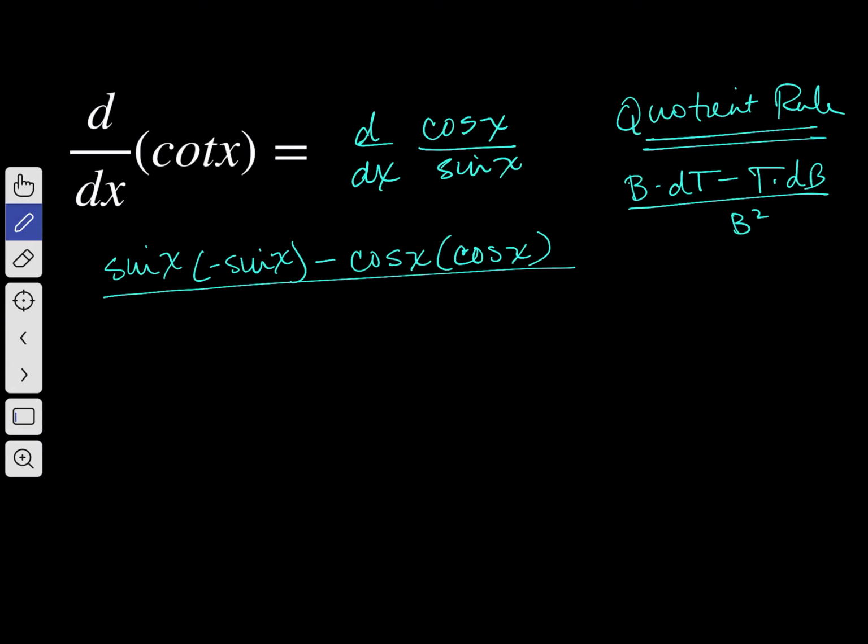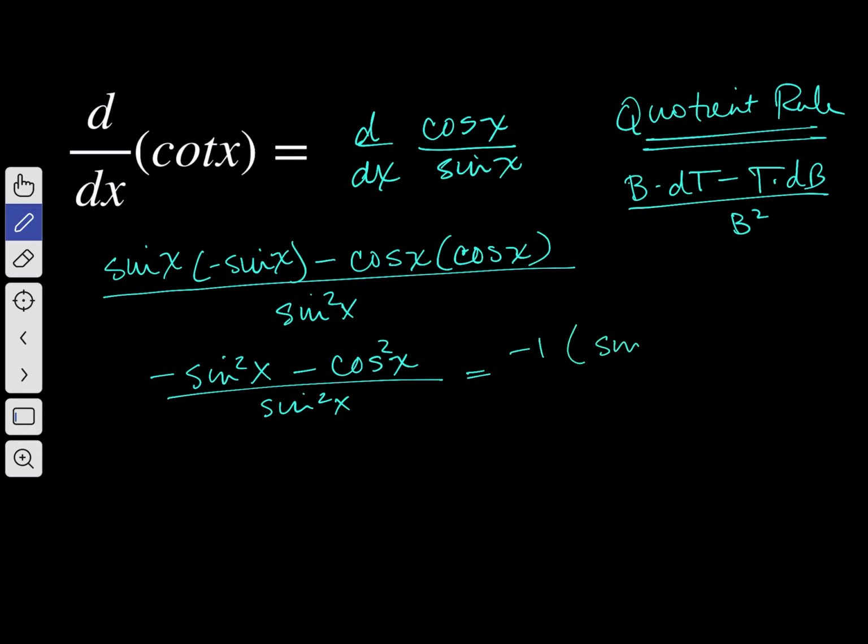Okay, so we're going to get something similar to Pythagorean, except this time it's going to be negative. So how can I make this Pythagorean? Well, that would be by factoring out a negative 1.